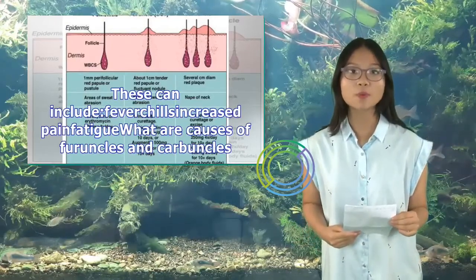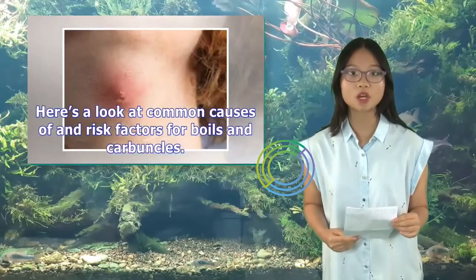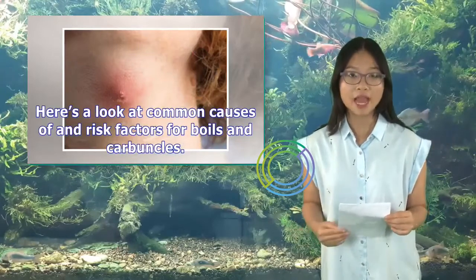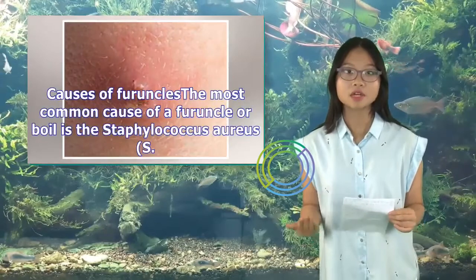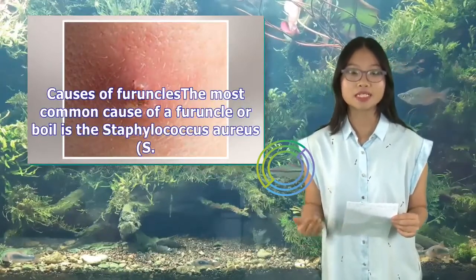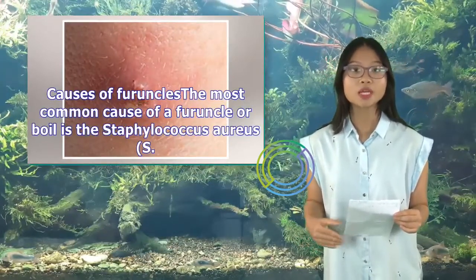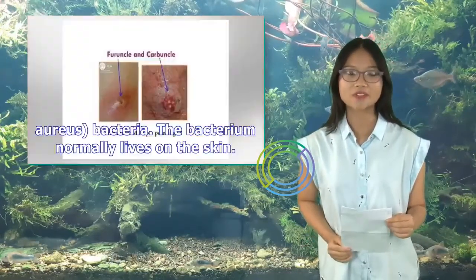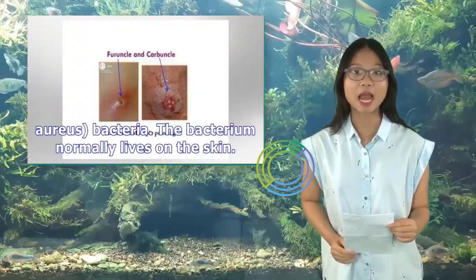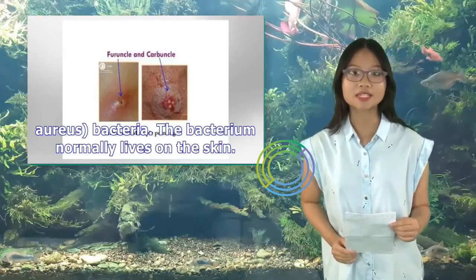What are causes of furuncles and carbuncles? Here's a look at common causes of and risk factors for boils and carbuncles. Causes of furuncles: the most common cause of a furuncle or boil is the Staphylococcus aureus, S. aureus, bacteria. The bacterium normally lives on the skin.